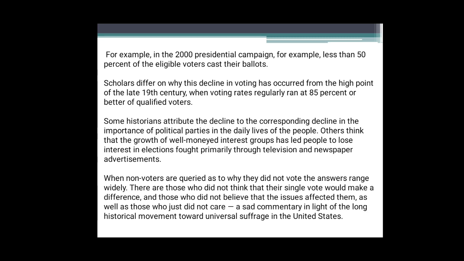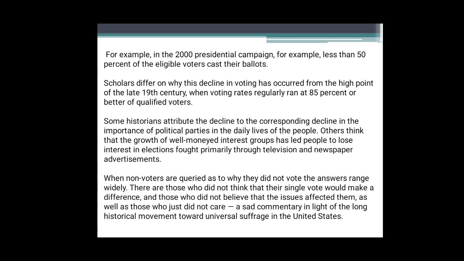Some historians attribute the decline to the corresponding decline in the importance of political parties in the daily lives of people. Others think that the growth of well-moneyed interest groups has led people to lose interest in elections fought primarily through television and newspaper advertisements.